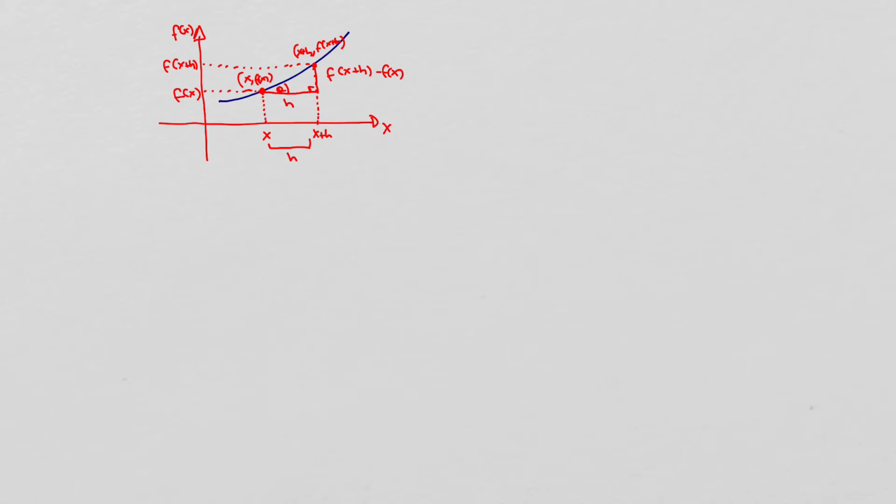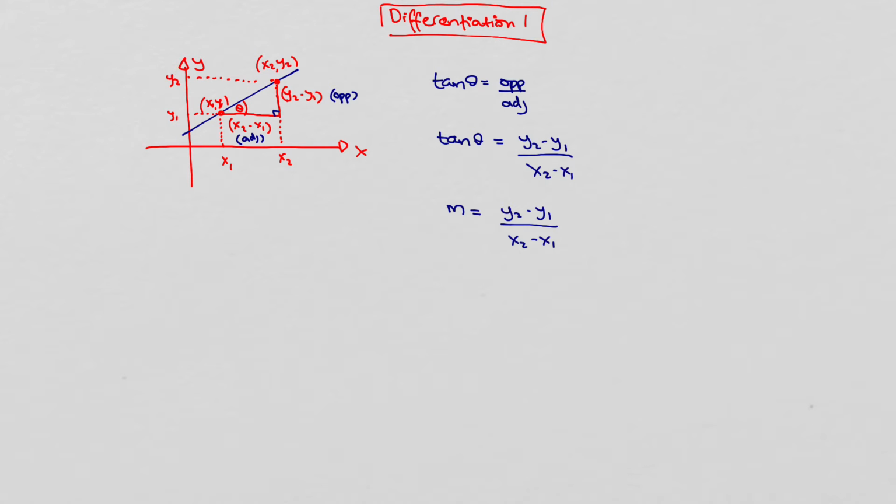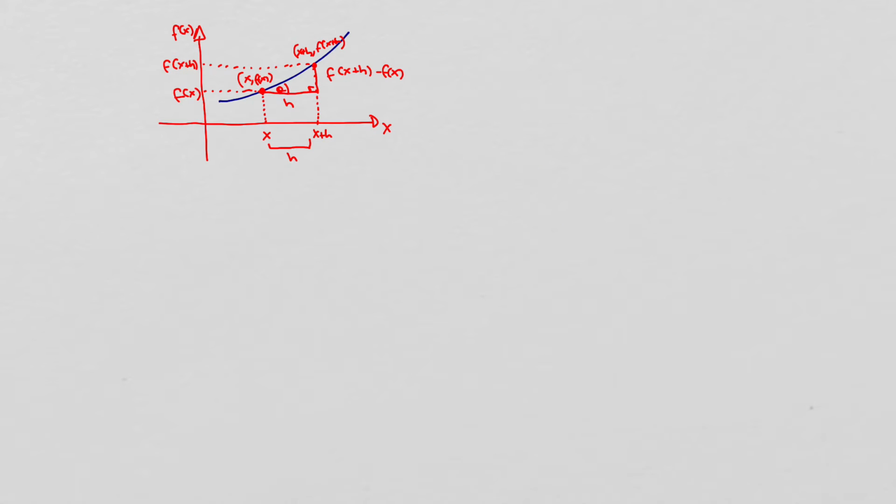If I go back to the previous diagram, to get the slope of our line there, we were getting the opposite over the adjacent. So if I look at the opposite over the adjacent here, what I have is f of x plus h minus f of x over h. But of course, this is a curve, so therefore this isn't quite correct.